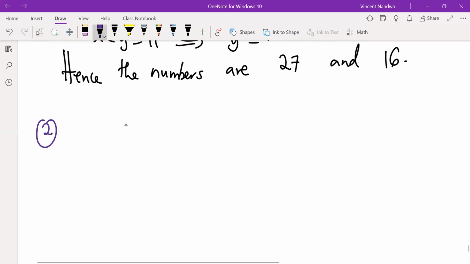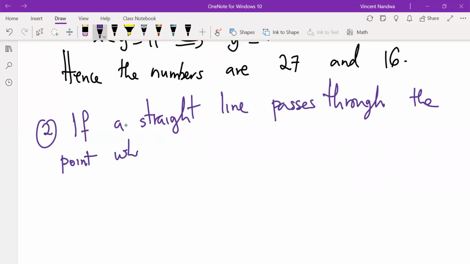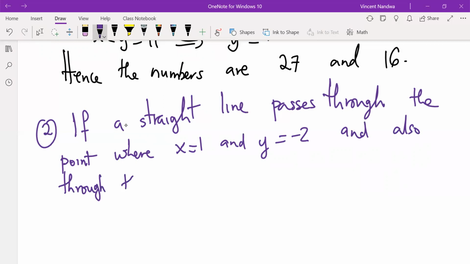So the question says, if a straight line passes through the point where x equals to 1 and y equals to minus 2, and also through the point where x equals to 3.5 and y equals to 10.5.